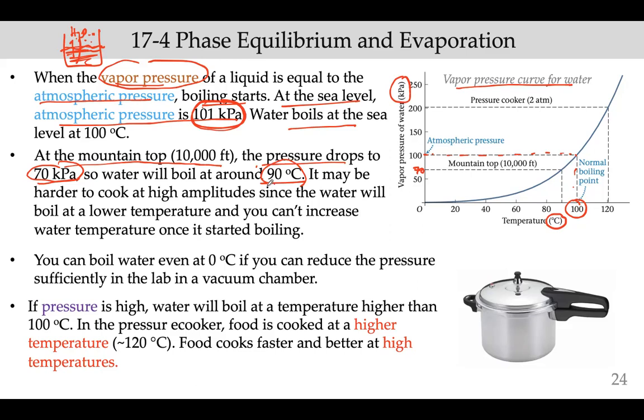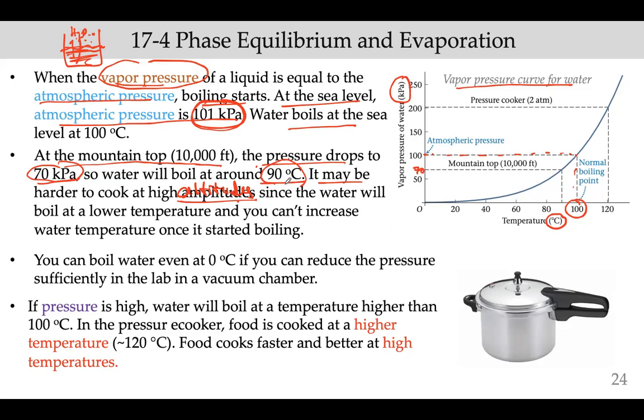So is it good? Well, if you're cooking, it may not be good. It may be harder to cook at high altitudes, since the water will boil at a lower temperature, and you can't increase water temperature once it started boiling.